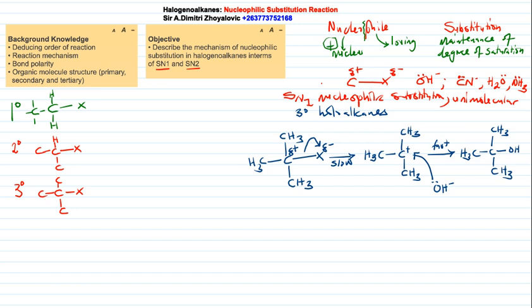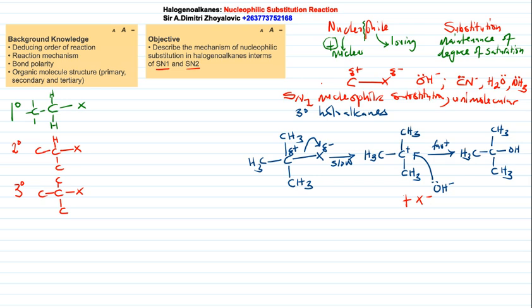During the first step we lost the halide, so we need to add the halide here, plus X minus.